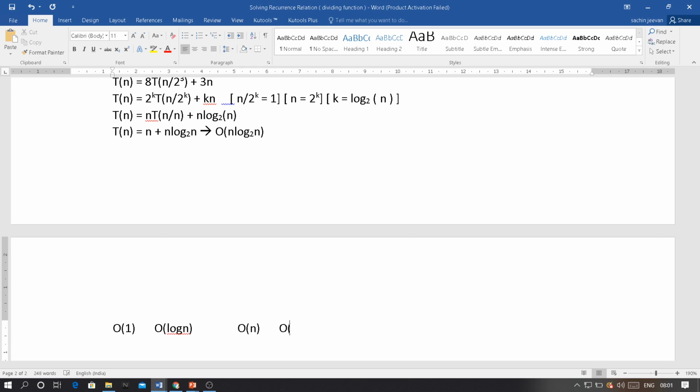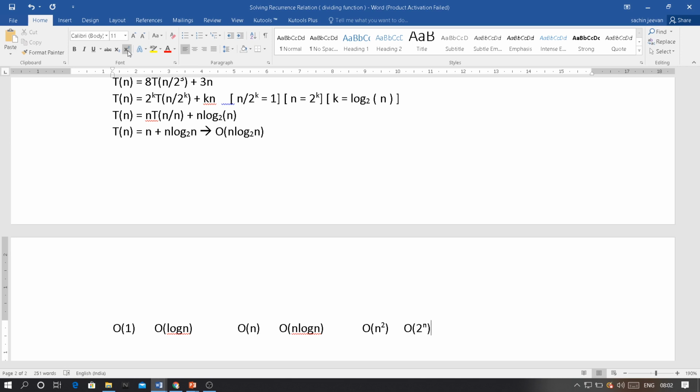Also we have seen the order of n log n equation. Then we have seen the order of n square equation. Then we have also seen the order of 2 power n equation, or 5 power n, 3 power n, that category. So these are all the main time complexities that we have seen so far.